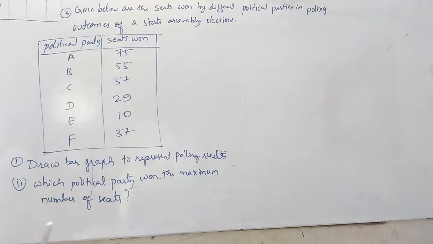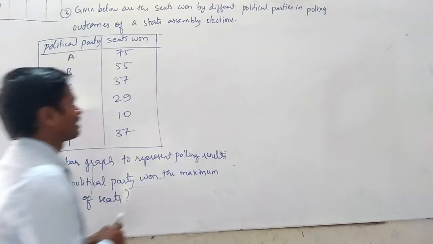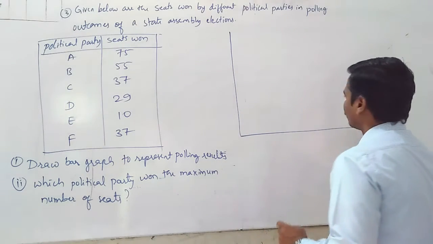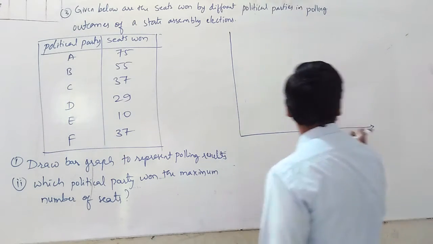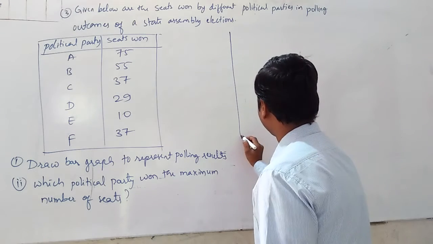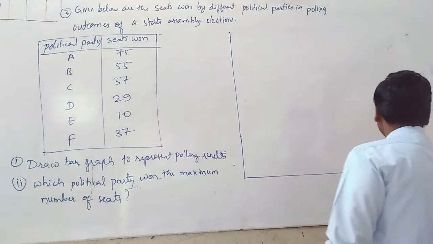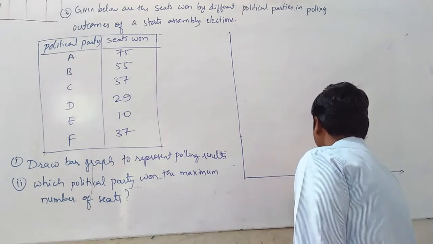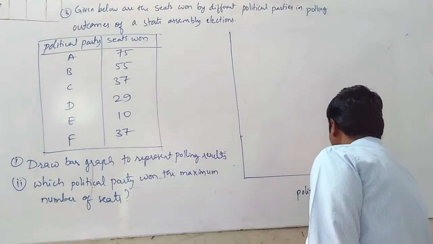Now, first let us draw the bar graph of these polling results. On the x-axis we can take the political parties.